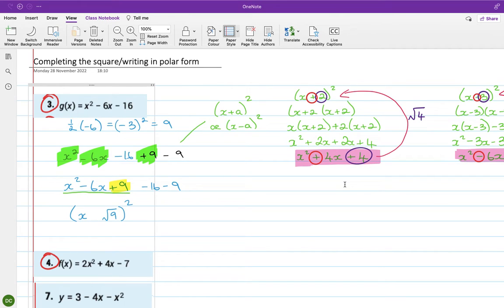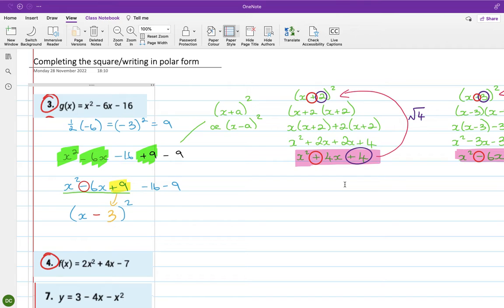So whatever is there, we square root that. The square root of 9 is 3. And whatever sign is in the middle, that's the sign that goes in here. And then we have the minus 16 minus 9, which is minus 25, I think.